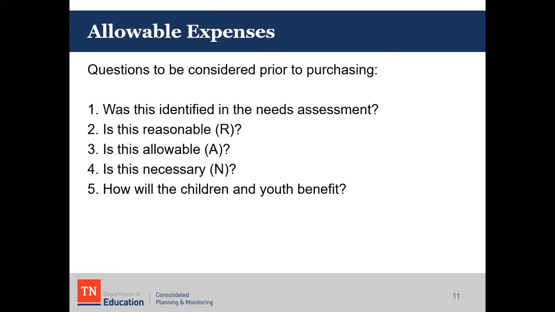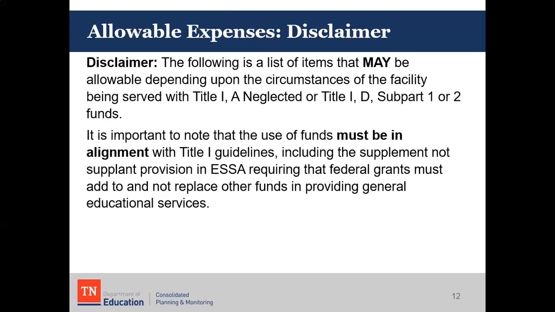Another example, if it were a juvenile detention center and wanted to pay for a guard, obviously if you're running a juvenile detention center, you need to have guards to run it, so that would not be an allowable expense. Going outside of that, we really want to look at this as we look at many of our other Title I schools. Is it something that I would typically purchase for one of my other Title I schools? And if the answer is yes, then most likely the answer is going to be yes as far as using it for one of the facilities, one of the neglect and delinquent programs.